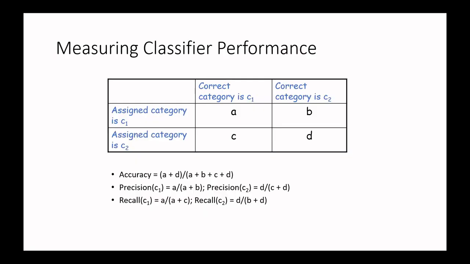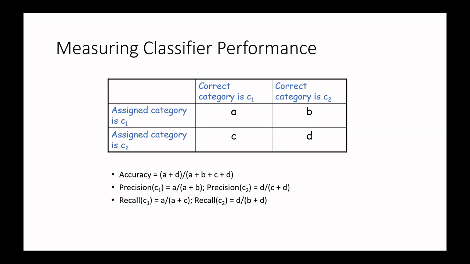Okay, so the next question is, how do we measure the performance? How do we say whether this particular model is better than the other model? Classifier performance, I'm showing you in 2 dimensions for a binary situation. Let us say you have an example whose correct category is class C1, and your classifier also predicts class C1.